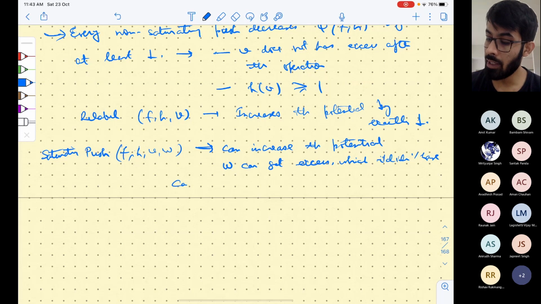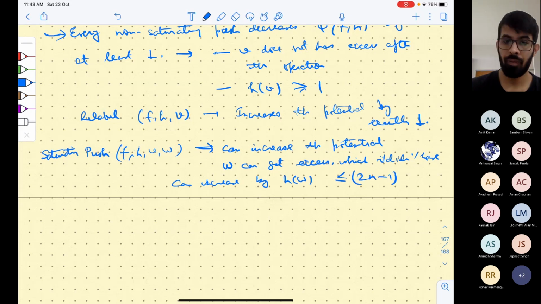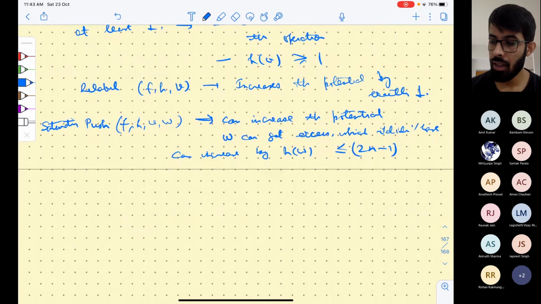So it can increase by the height of W, which is less than or equal to 2n minus 1. I mean, it is 2n minus 2, but let's just write 2n minus 1, right? So what is the maximum value of phi fh?